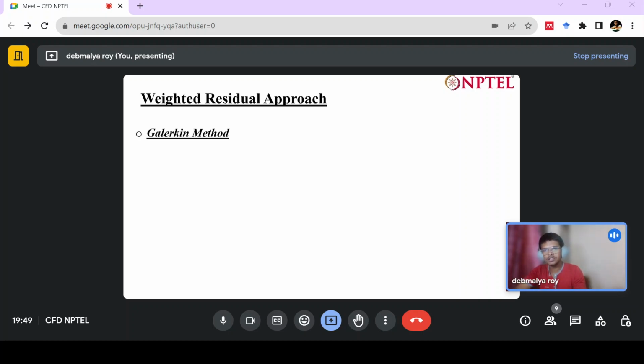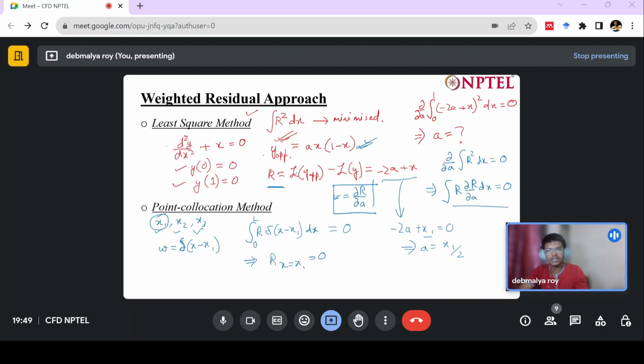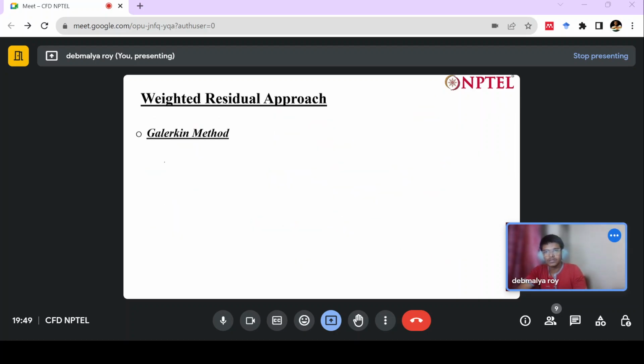So another method that we will be studying is the Galerkin's method. Galerkin method is basically, again, if we take this particular example that we were using, x double dot plus x equal to 0.